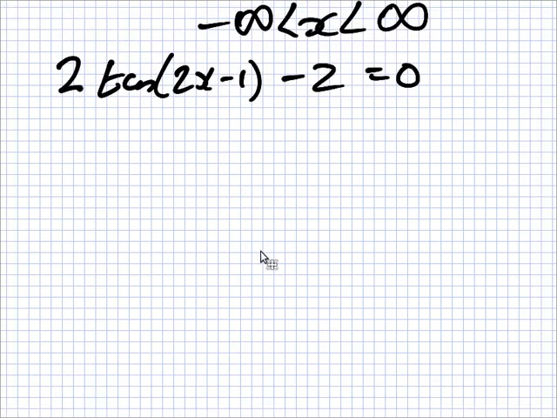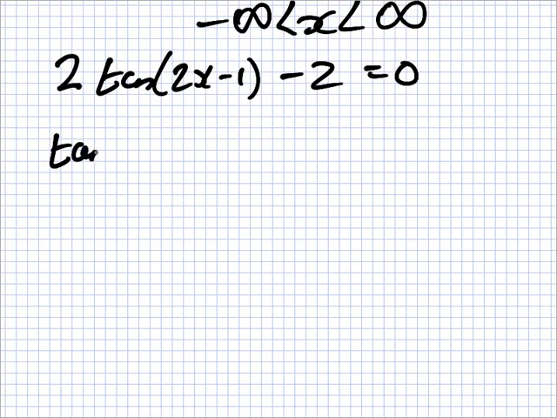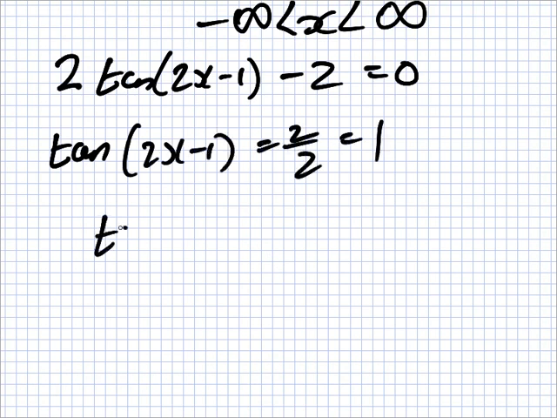Right, so we have here tan(2x minus 1) equals 2 over 2, which equals 1. So if I do an inverse here, what do I get for tan inverse 1? It is pi over 4. Yeah, 45. But that's only one answer.